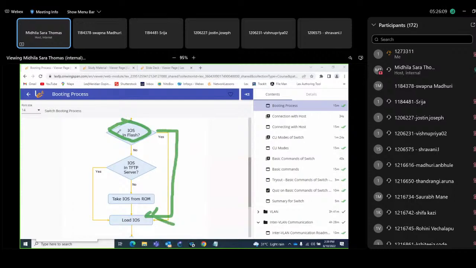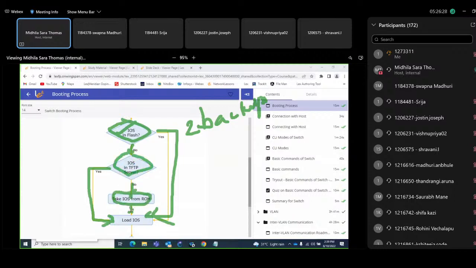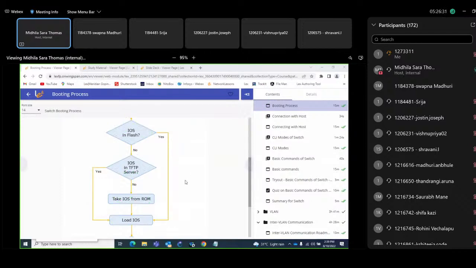What if it is corrupted or not there? There are two backups. One is in the TFTP server; if it is there, it is loaded. If it is not there, there is another backup in ROM. It is loaded.